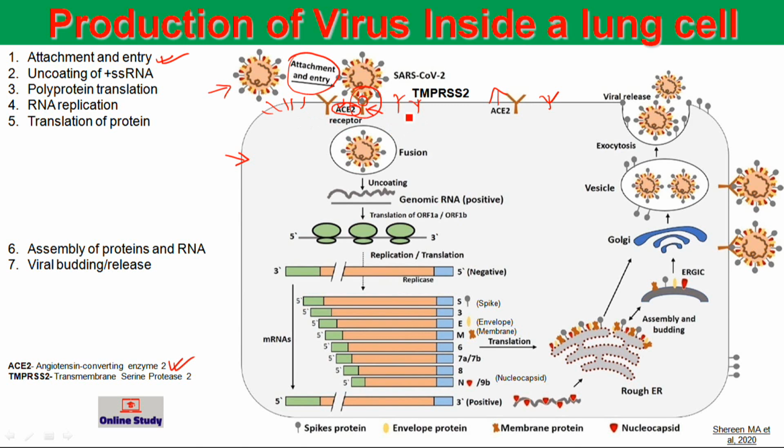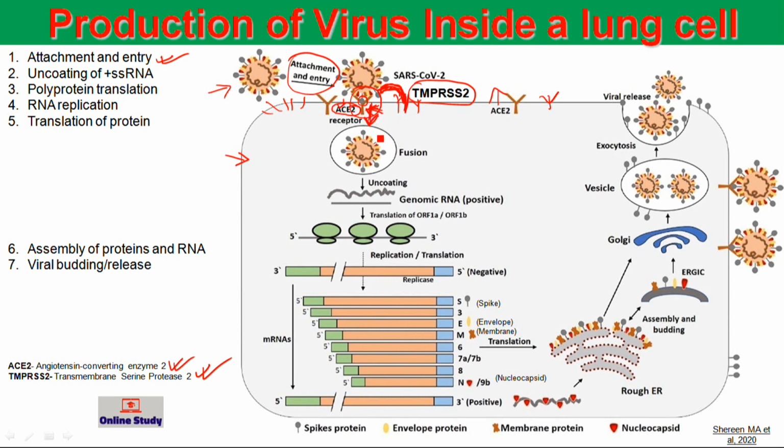And when this virus binds to ACE2 by its spike protein, another enzyme that is expressed on the human lung epithelial cells, transmembrane serine protease 2, cuts a part of the spike protein, which facilitates entry of this virus inside the lung cell.